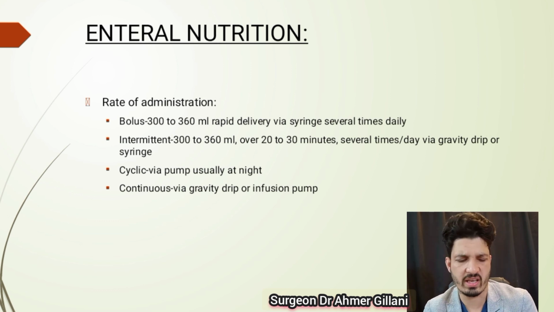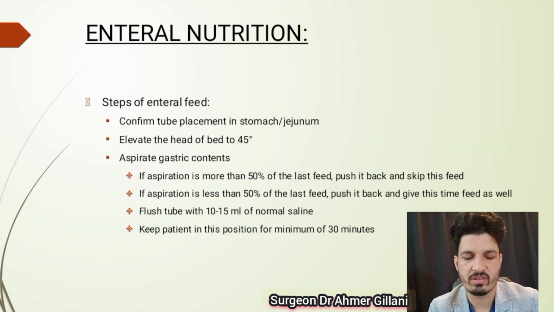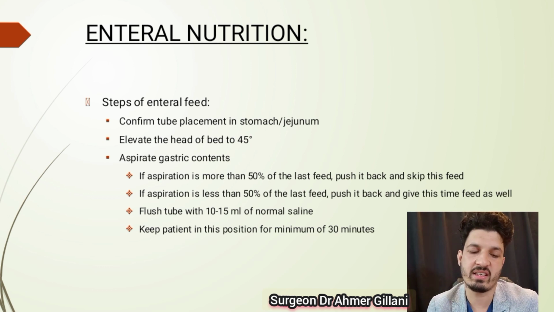And you can also use the cyclic way via pump, usually at night, and continuous via gravity drip or infusion pumps. And in case of enteral nutrition, there are also steps. First of all, you will confirm the tube placement in the stomach or jejunum, elevate the head to 45 degrees, and aspirate the gastric contents.